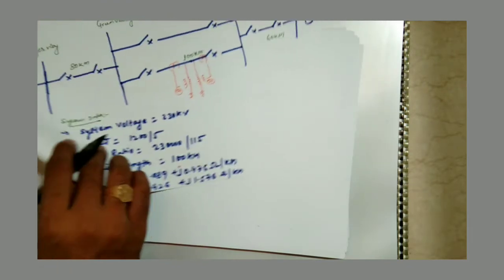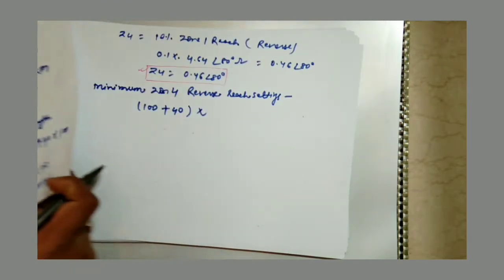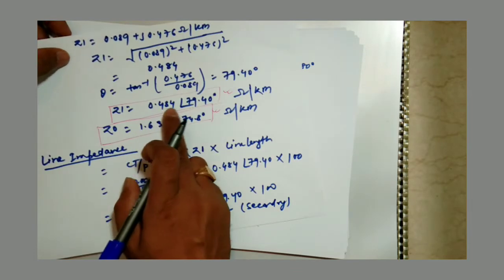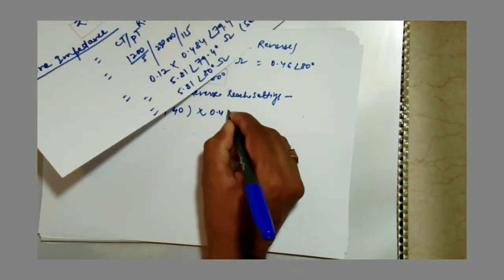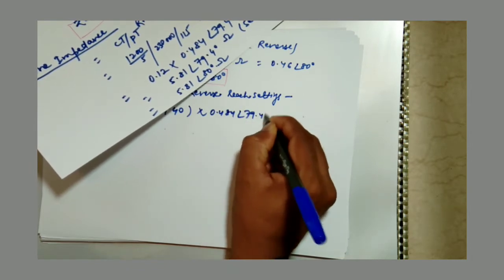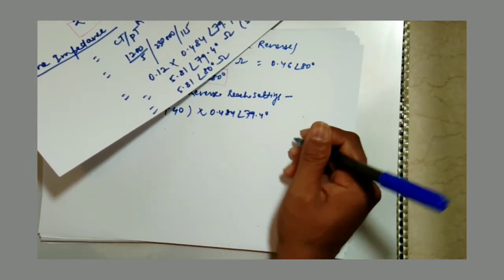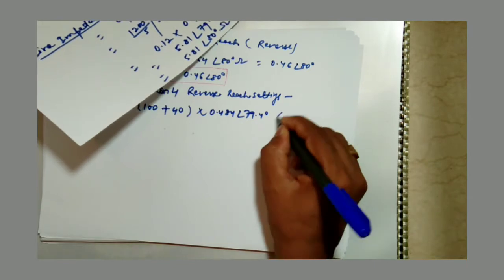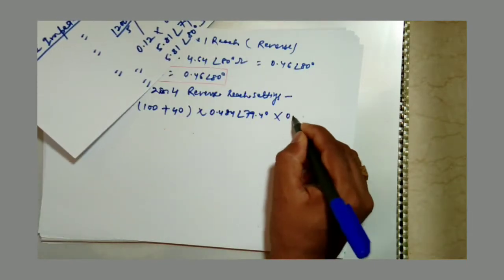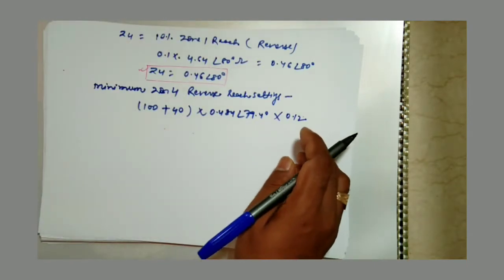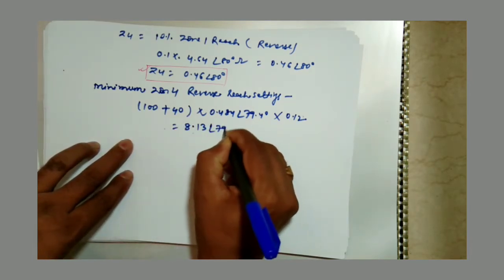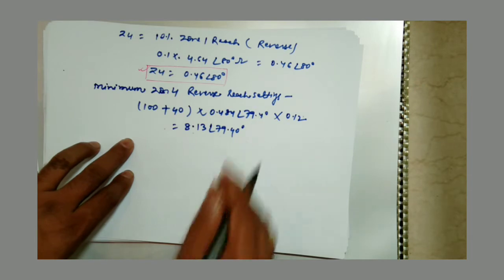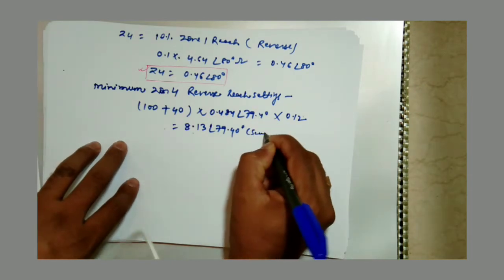The value of impedance you have got is 0.484 at an angle of 79.4 degrees, into CT by PT ratio, that is on the secondary side. So you will get the value 8.13 and the angle will be 79.4 degrees. It is in secondary.